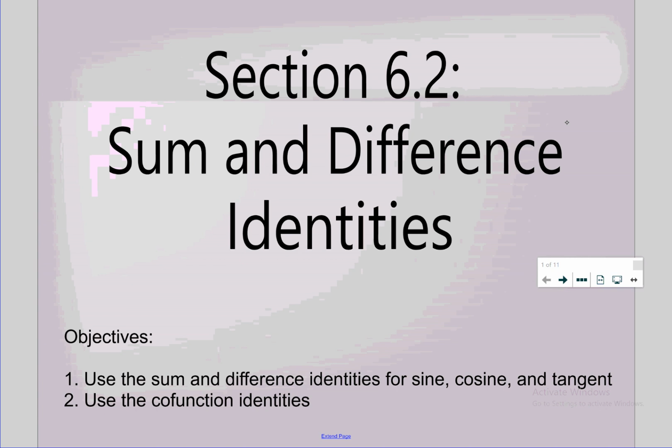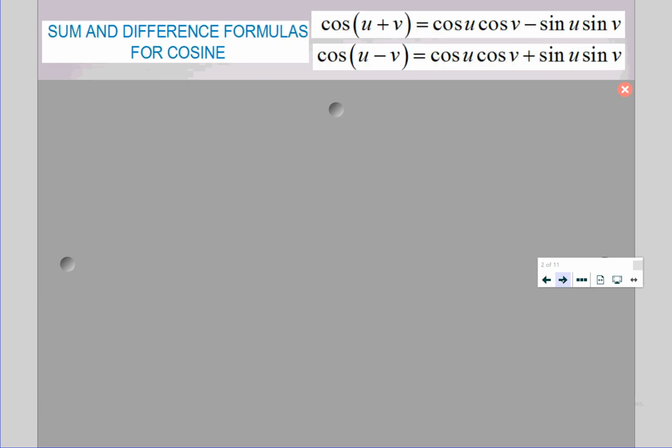All right, so sum and difference identities allow us to calculate exact values for angles that are not on our unit circle. Let's say I asked you, what's the cosine of 165 degrees? That's not on our unit circle.